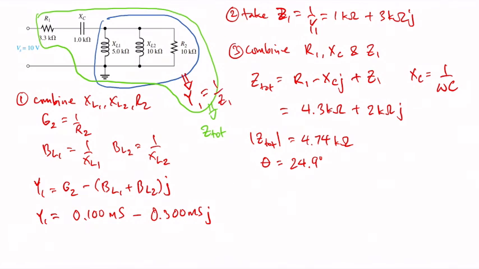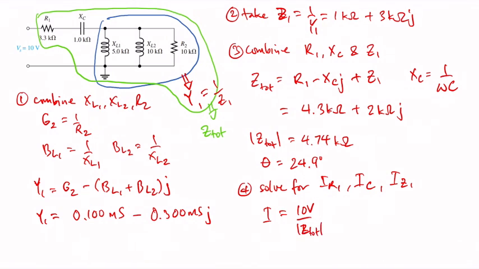So this means that Z1, R1, and XC have the same currents. So solve for current IR1 and the current IC, which will also give us the current across Z1. Now how do we do that? Well, very simply, I is equal to 10 volts divided by Z total.